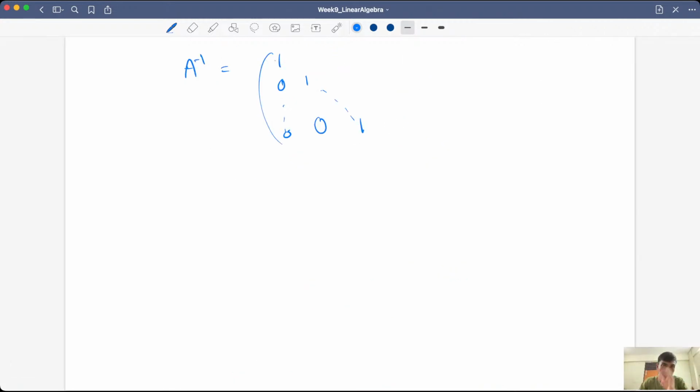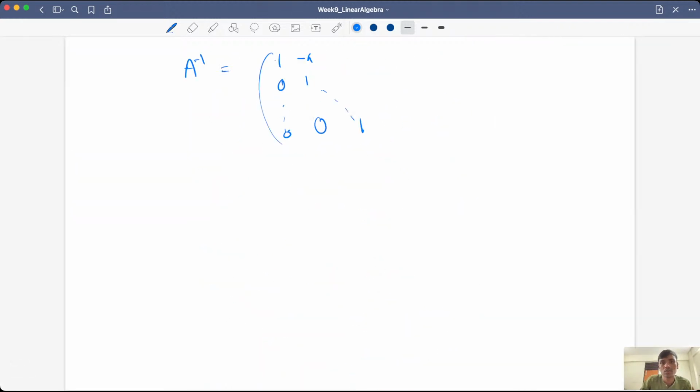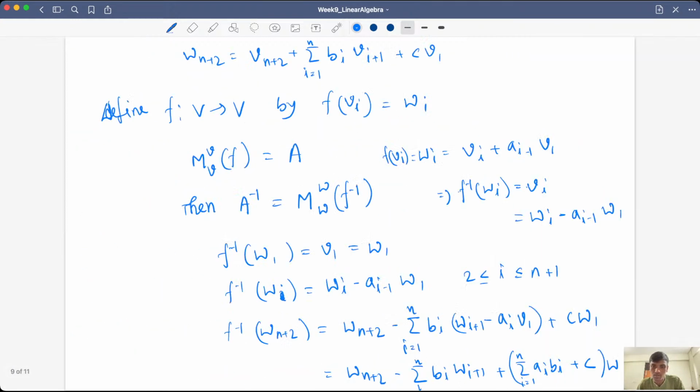Everything else: for 2 this is minus a1, this will bring in minus a2 all the way up to minus an, and this is 1.